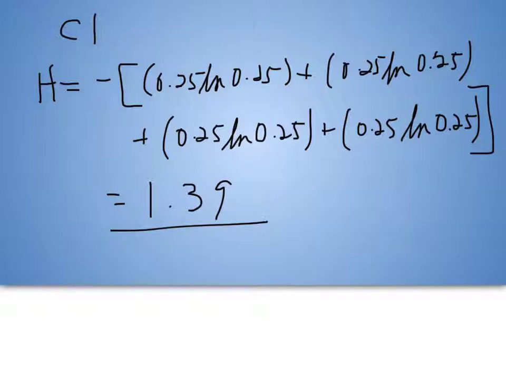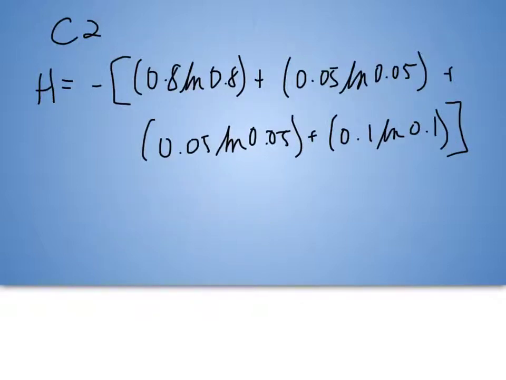Let's try community 2. Here is the calculation for community 2. Our Shannon diversity index is equal to negative 0.8, our relative abundance for species A in this community, times the natural log of 0.8, plus 0.05 times the natural log of 0.05 for species B. For species C, we've got another 0.05 times the natural log of 0.05.